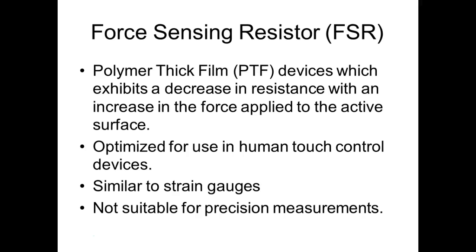Optimized for use in human touch controls. Similar to a strain gauge, it is not suitable for precision measurement. So these work like a strain gauge, but they're not extremely accurate. They're used a lot in push buttons where you just hit the button, and it's not a real button.